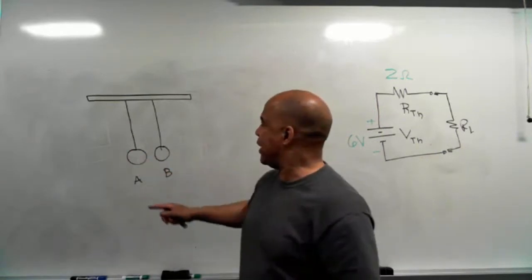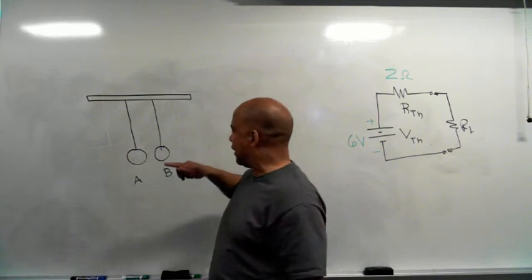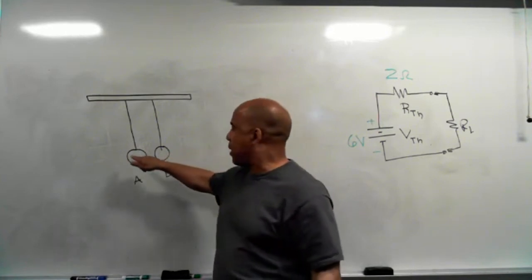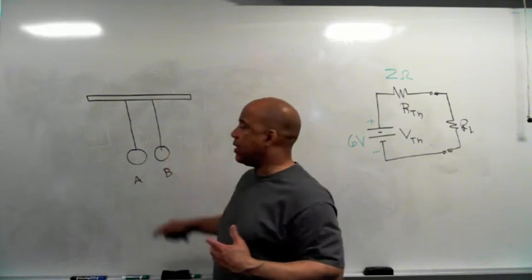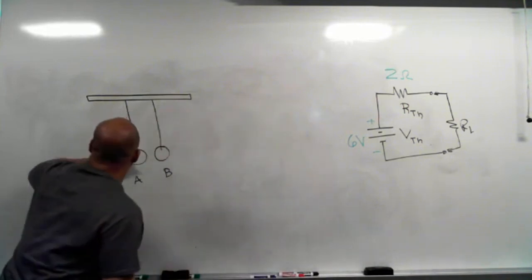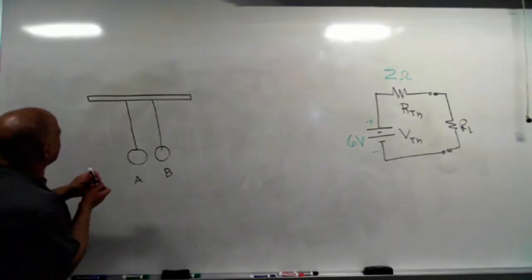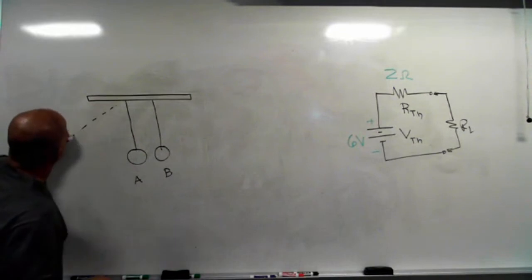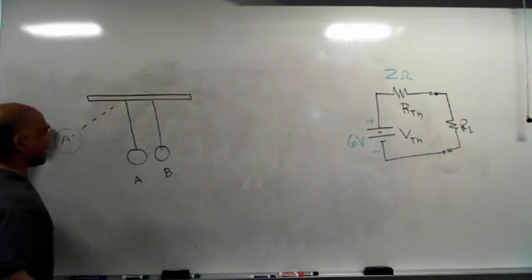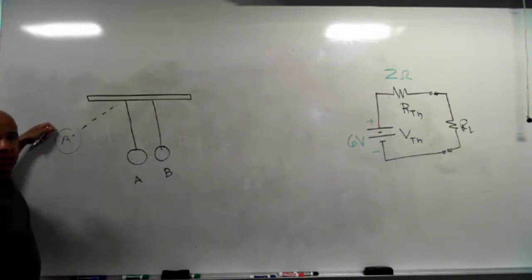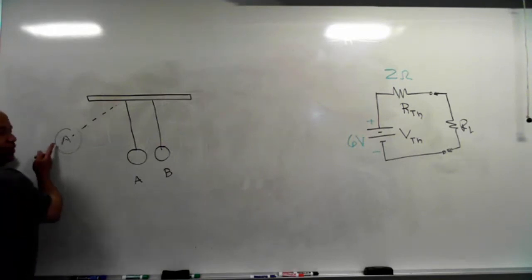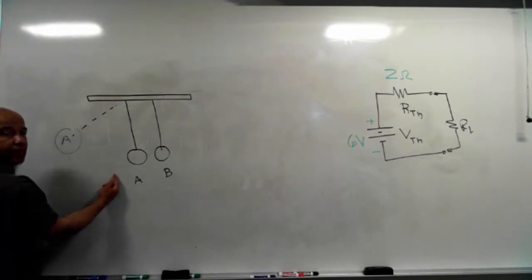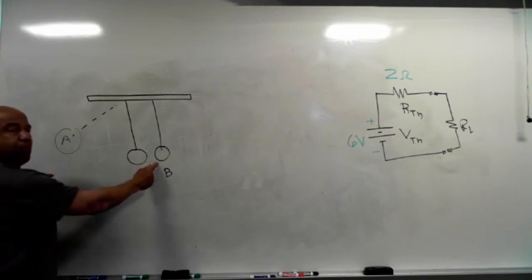The energy I give to A, I want to give to B. I want ball A to give ball B the energy that I give it. So I can pull it up like this. So ball A is up like this, and I'm giving it potential energy. I'm going to let it go. And then the potential energy is turning to kinetic energy, and it's going to strike ball B.